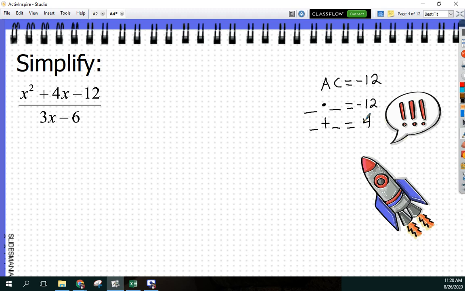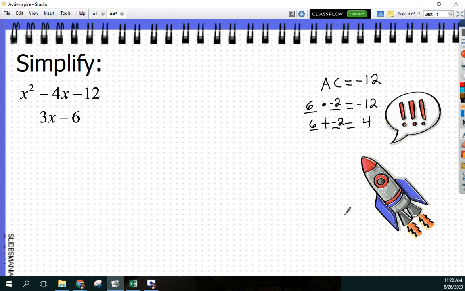2 and 6. Okay, so if I have 2 and 6, if I add those together, I get 8. But notice that we have a negative 12, so one of those numbers is going to have to be negative. So if I were to subtract 6 and 2, I do get 4. Because the 4 is positive, we do want the 6 to be positive and our 2 to be negative.